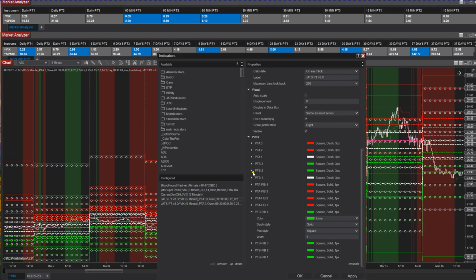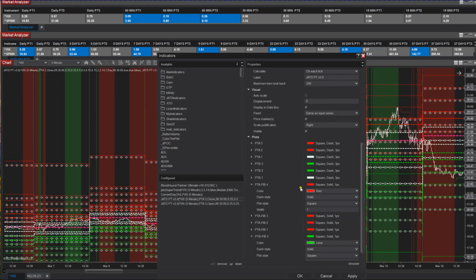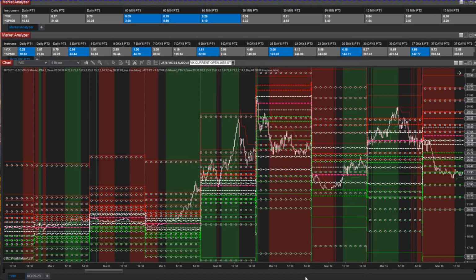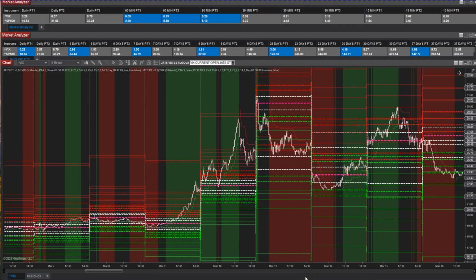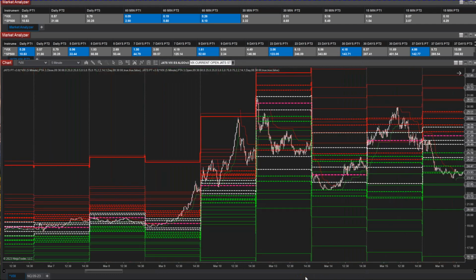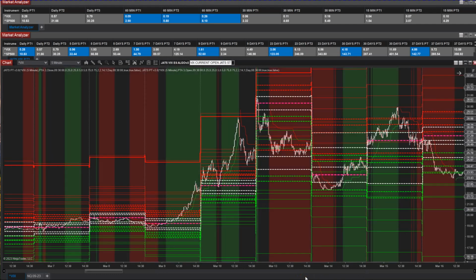So this is an A4, sorry. All right, A4, PTA, fib 4. Make that nice and thick. There we go. Do you see that?